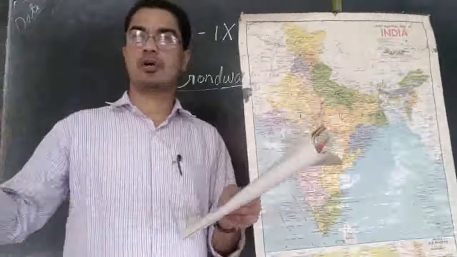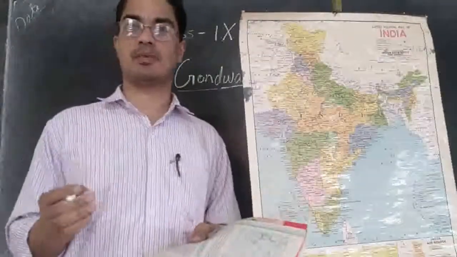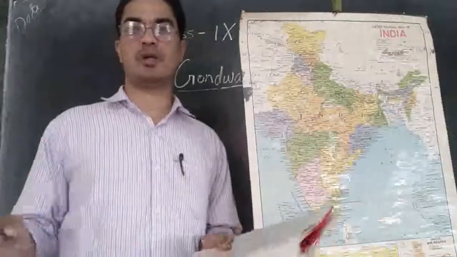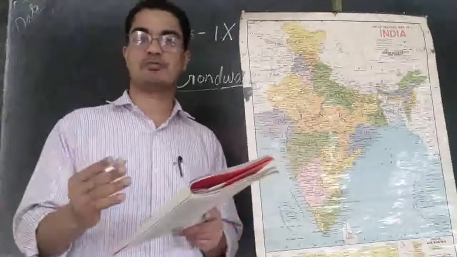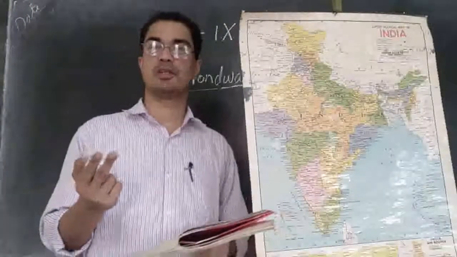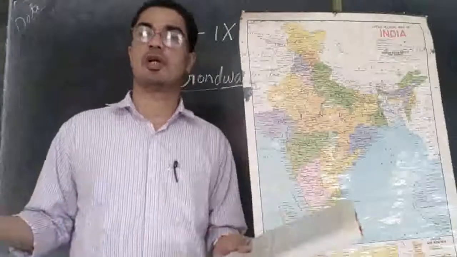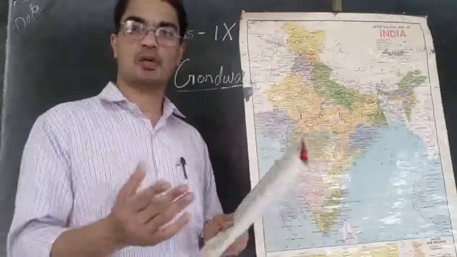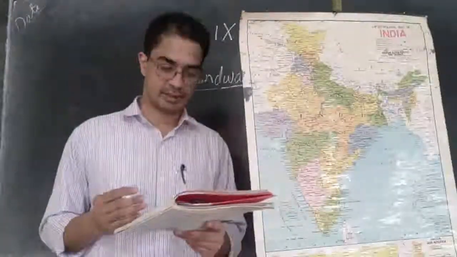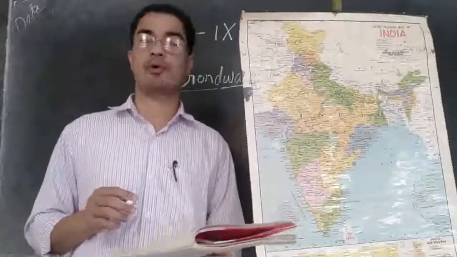So all these four big landmasses were together as a single landmass. We can imagine how big the land might have been when all these four regions came together. Which are they? India, Australia, South Africa, and South America. These four huge regions were part of one land. And what is the name of that land? Gondwana land.